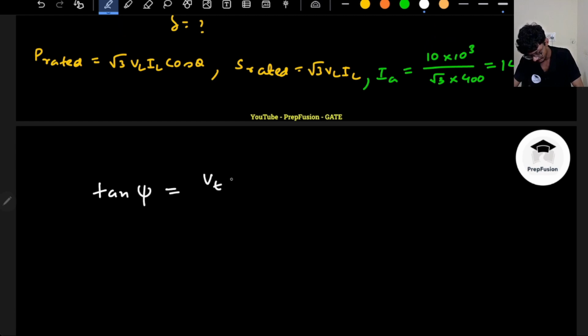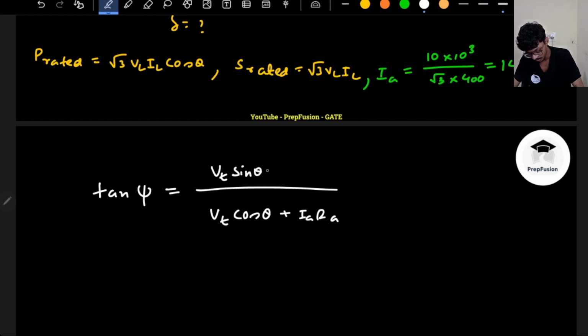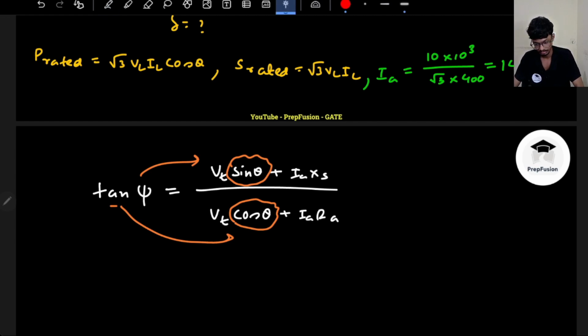Tan of psi is equal to Vt sin theta plus Ia, sorry, this will be going in the denominator. How do you remember which will go in the denominator and which in the numerator? It's a very basic trick: cos always goes in the denominator for a tan, and sine always goes in the numerator for a tan, right? That's how you remember which one goes where.